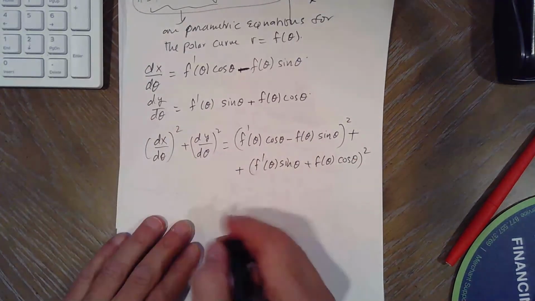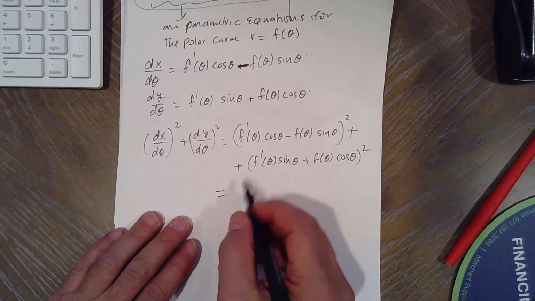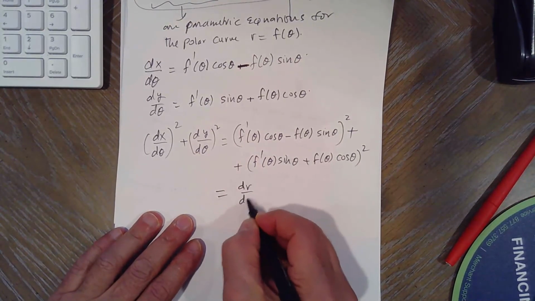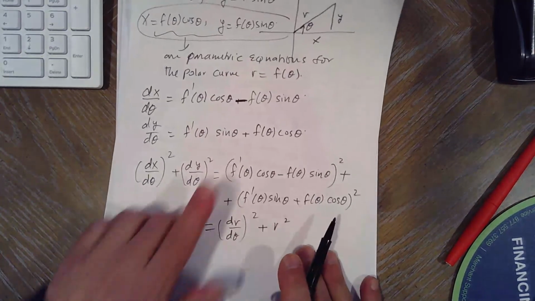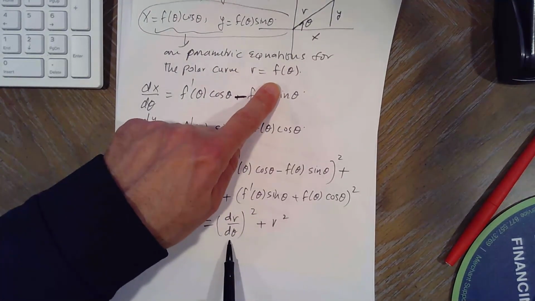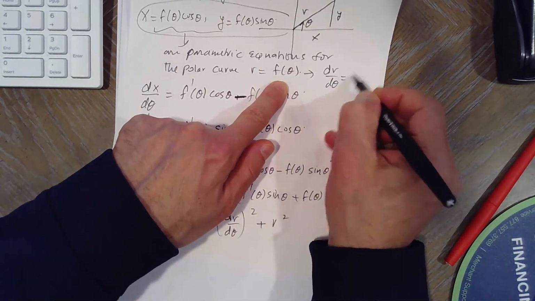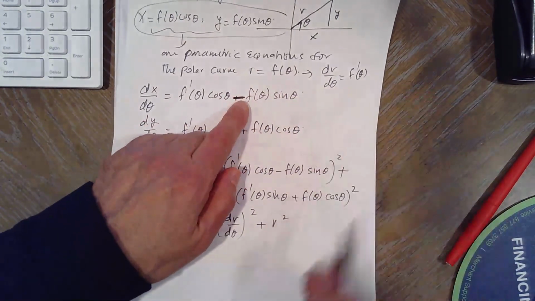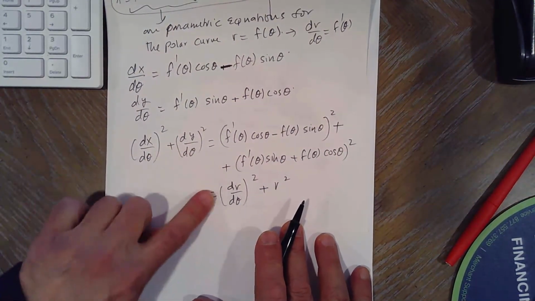Foiling that, and using the trig identity sine squared plus cosine squared equals 1, you're going to end up with dr by d theta squared plus r squared. Remember, r is f of theta and dr by d theta is f prime of theta. So that's what you get for that.